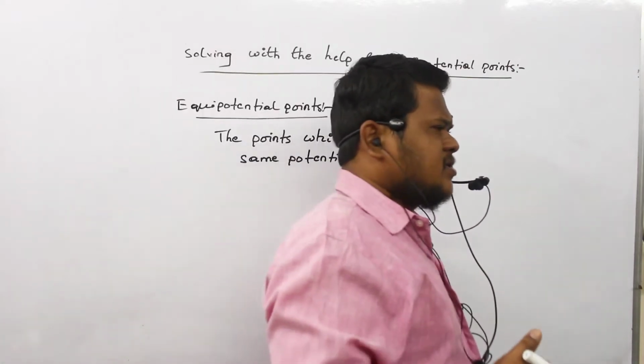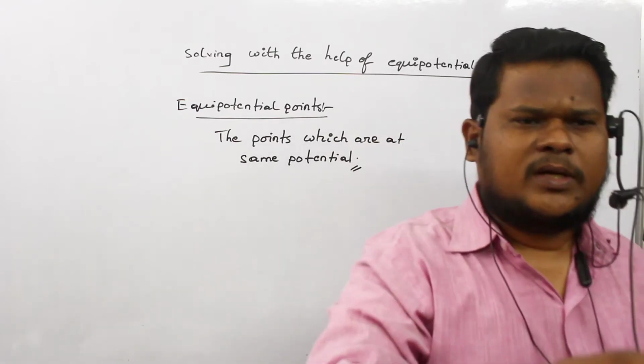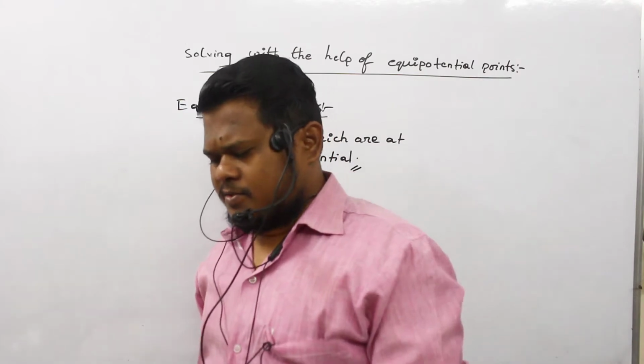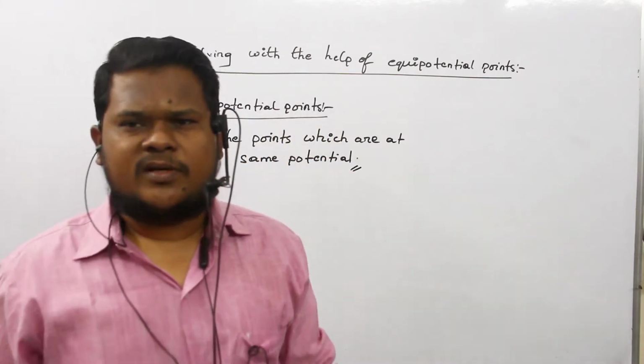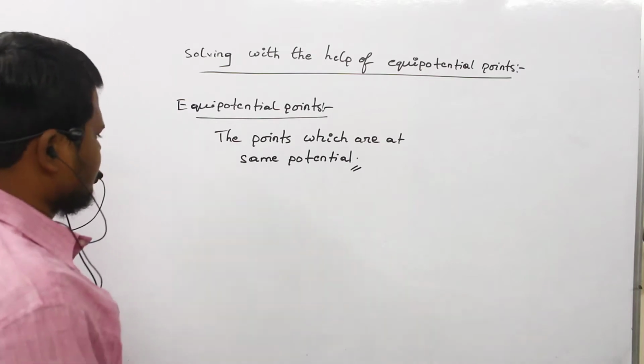So the same concept we have studied in capacitors also, where we solved the problems with the help of equipotential points. Clear? So here also we are using the same technique. Okay, let us see.